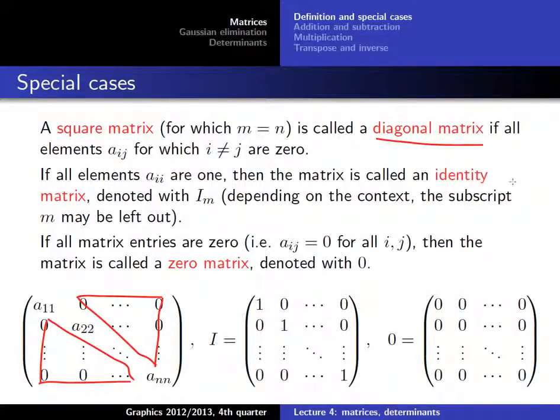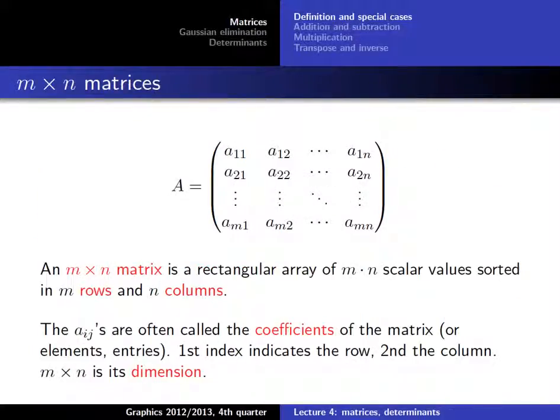Again, the name of course comes from the fact that if you look at it and you have only zeros in the upper right and lower left triangle, then of course it's a diagonal. And you see here, by the way, these coefficients aij of the matrix are usually addressed and indexed by their row and their column, and usually we write the row first and then the column second. So aij means the coefficient in row i and column j.